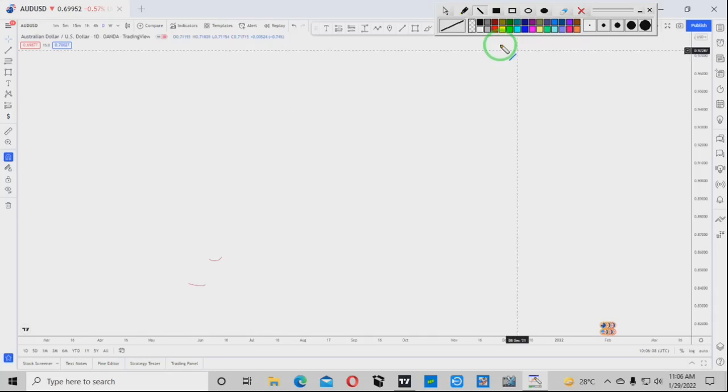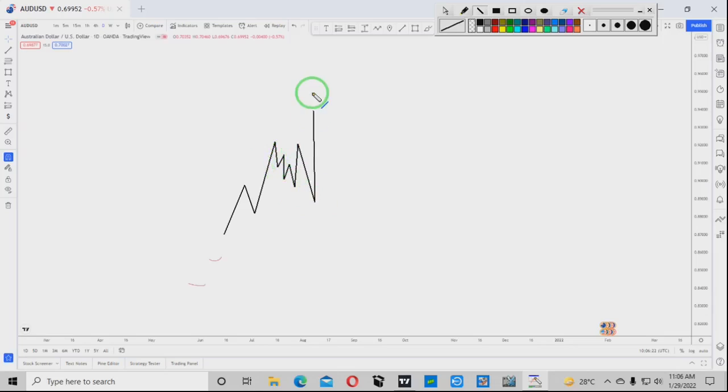The reality of the market is this: the market moves in waves, just like this. In the case of an uptrend, you find the market doing something like this, moving up and down. Do you understand, guys? You need to understand this. This is how the market moves in reality.